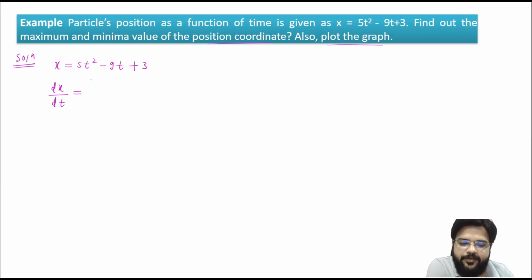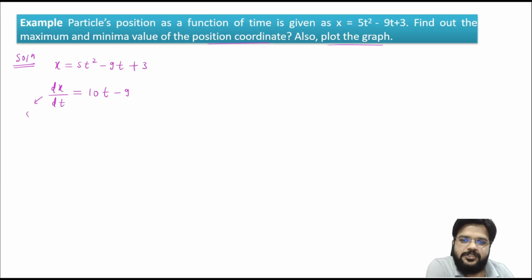What will we get, everyone? 5 is constant, differentiation of t square is 2t, so it is 10t. 9 is constant, differentiation of t is 1, so it is minus 9. And 3 is constant, differentiation of 3 is 0. So finally we are getting 10t minus 9, correct, dx by dt.